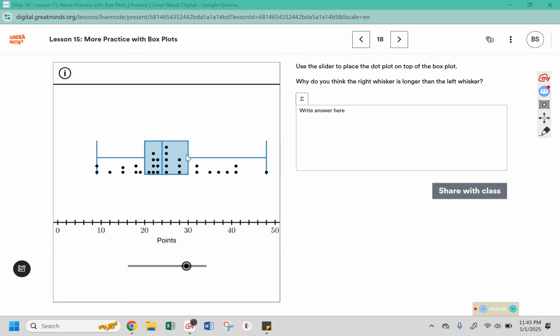So the minimum, Q1, median, and maximum are all the same, but the Q3, or the third quartile, is different for the classes.